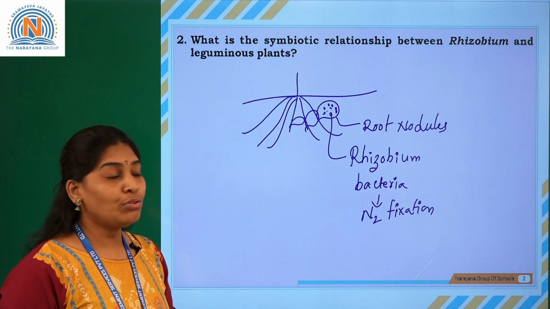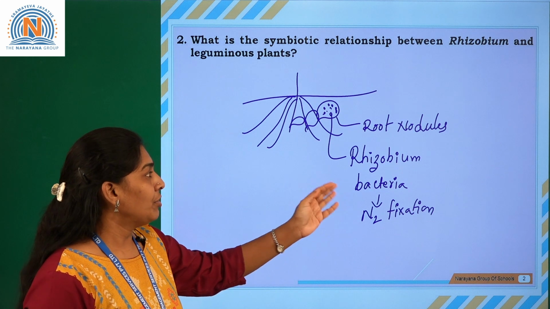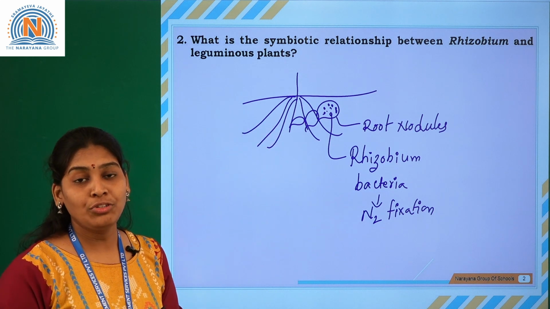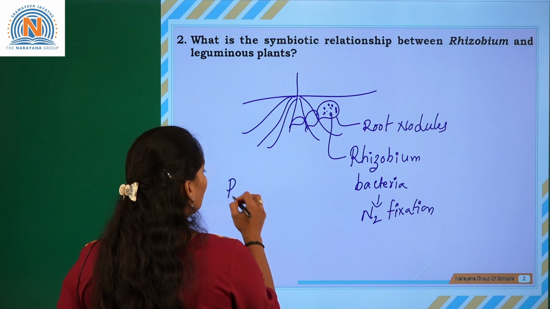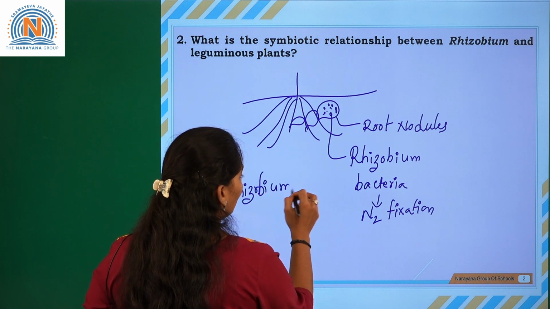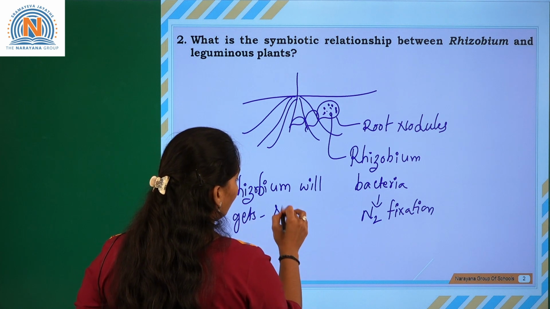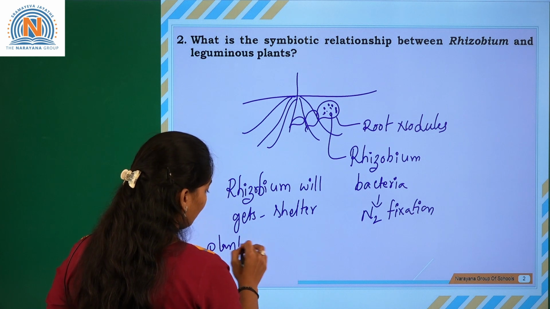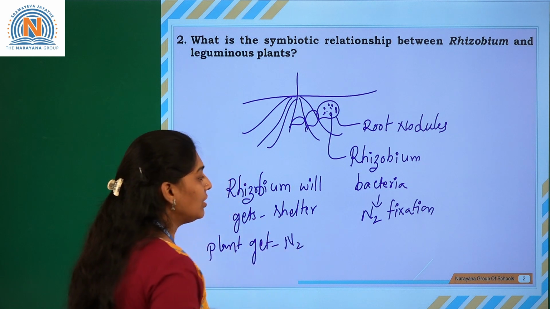Coming to the use of rhizobium for fixing nitrogen: the plant provides shelter to the bacteria, so the rhizobium gets shelter, whereas the plant gets nitrogen fixed by this bacteria.